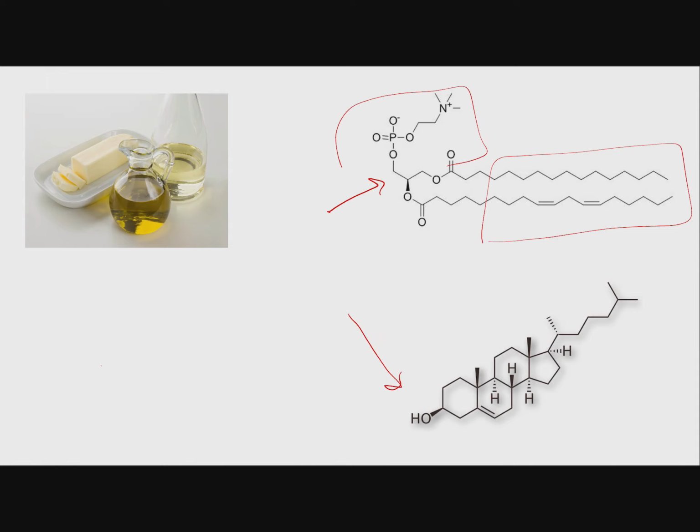Another interesting thing about many of the lipids in our bodies is that they can all be derived from acetyl-CoA. Coenzyme A is a coenzyme, and acetyl is a two-carbon group like this that can be attached to coenzyme A. We call this acetyl-CoA. Acetyl-CoA is a metabolic intermediate.